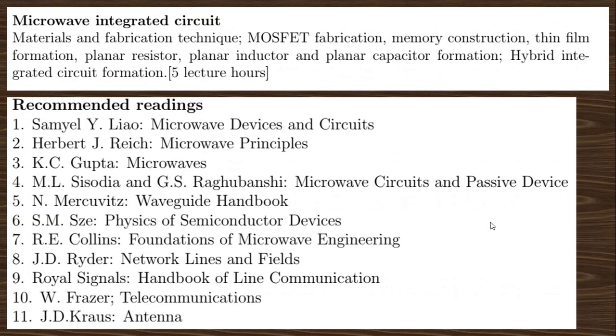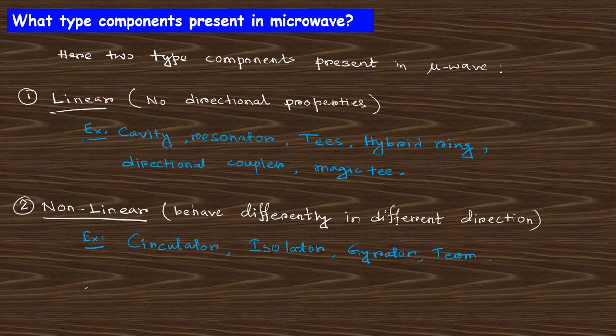So let's start. We already know about the components present in microwave. There are two types of components in microwave transmission. When the microwave transmits from one point to another point, there are various types of components. These are categorized mainly into two categories: linear and non-linear.